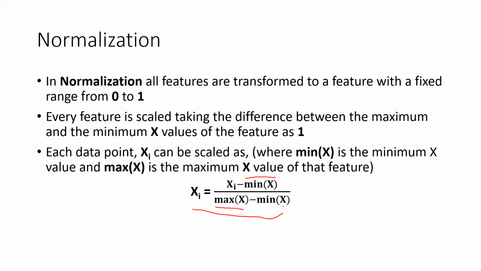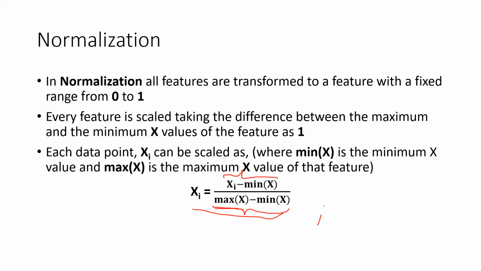So that is the range of this feature, max minus min, and that is used to divide the difference between this particular x value minus minimum x value, right? So it is like this.